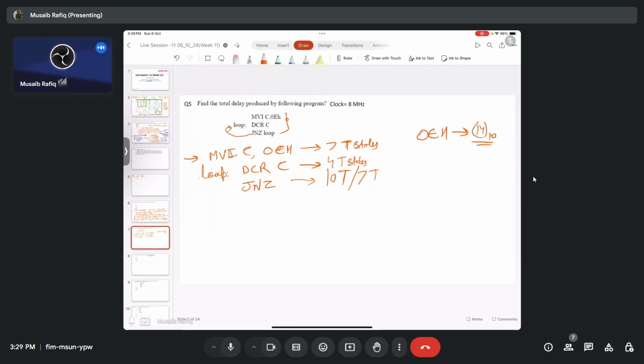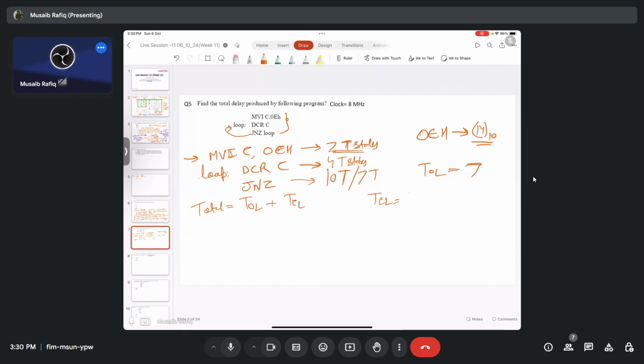Now we'll find the total number of T states. That is equal to T outside the loop plus T inside the loop. T outside the loop is just this much, that is 7. Inside the loop, the counter will stop when these 14 counts are done.